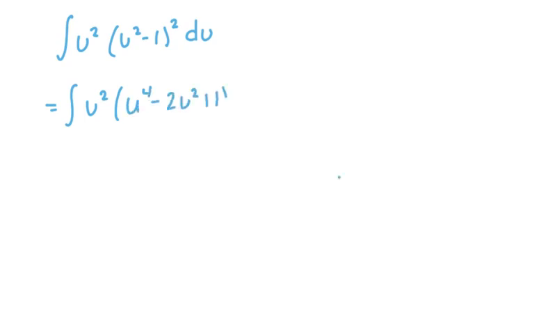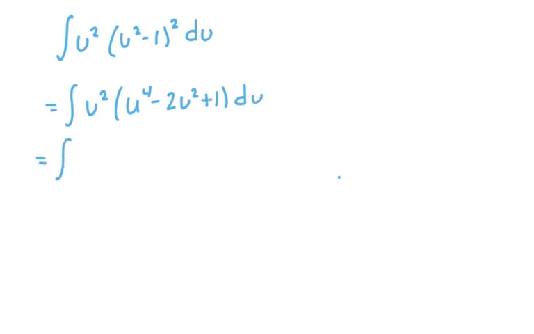So this is the integral of u squared times, and then it's u squared minus 1 raised to the 2nd du. So this is u squared times u to the 4th minus 2u squared plus 1 du.